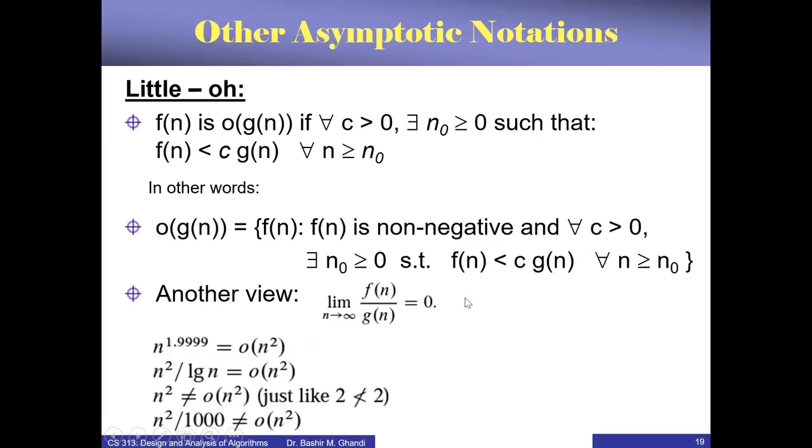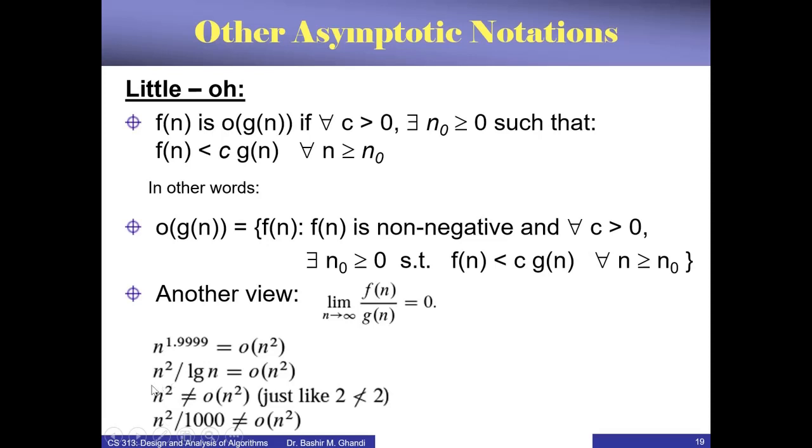No, because the inequality has to be strictly less than, not less than or equal to. Similarly, if you take n squared and divide it by lg n, where lg is log to base 2, it is definitely going to be less than n squared, and therefore it will be considered little o of n squared.